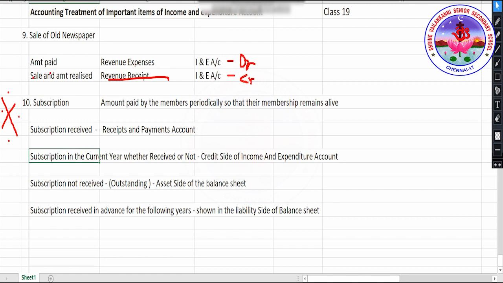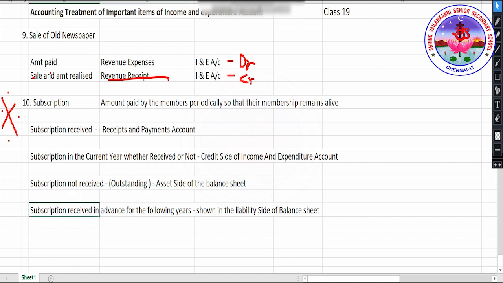Subscription in the current year is how much you are supposed to receive in the current year. Say this year I need to receive 10 lakhs. That amount alone you will record in the income and expenditure account as an income, on the credit side. Subscription not received is an outstanding income. Don't take it to the liability side; it is on the asset side, because income which has not come is an asset.